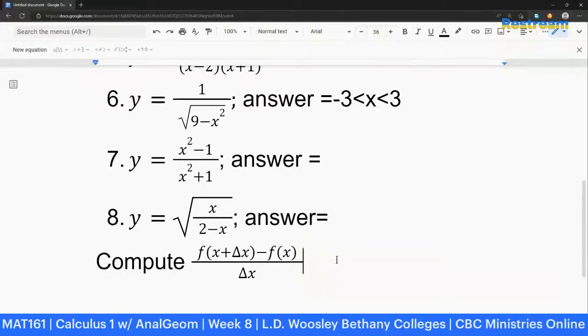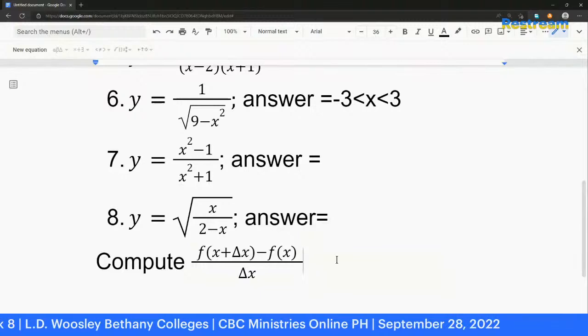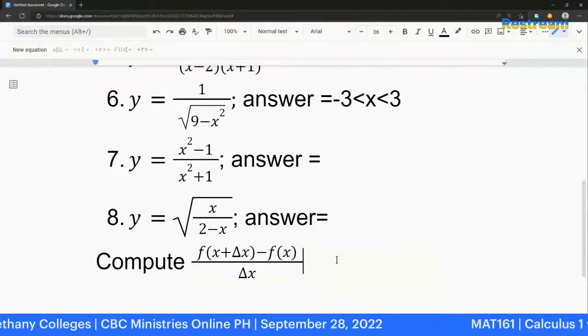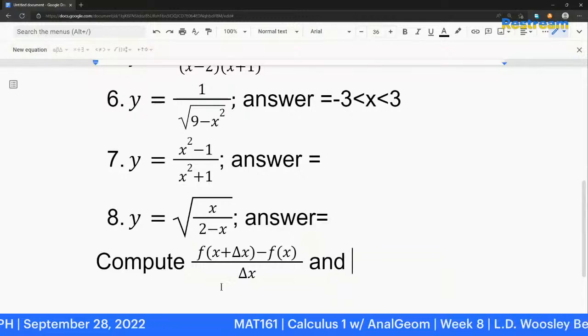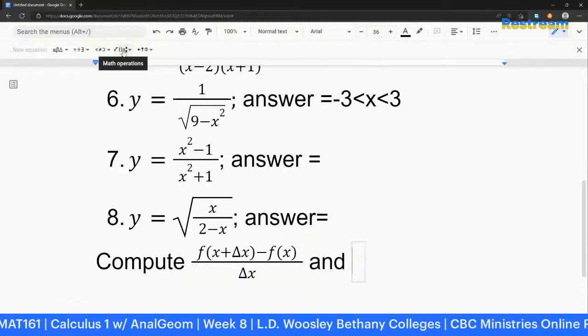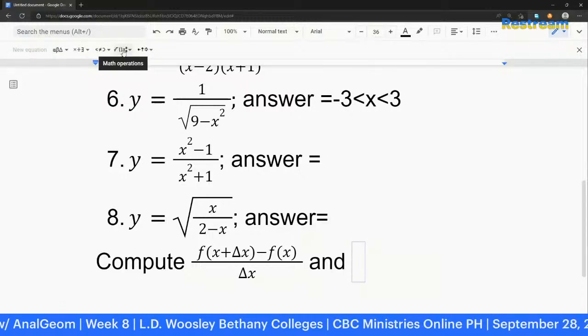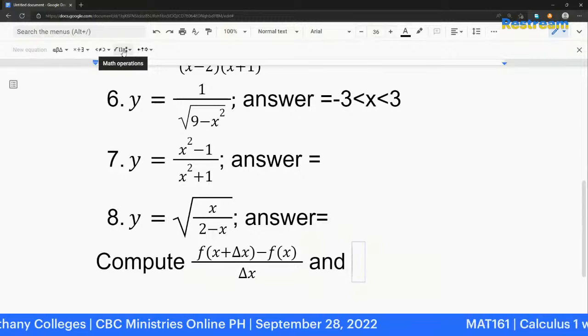So, yan. And of course, you will solve for the limit as delta x approaches 0. Kaya team dalawa to, no? Partners yung si Gian and Josh, and then Banji and Nora.